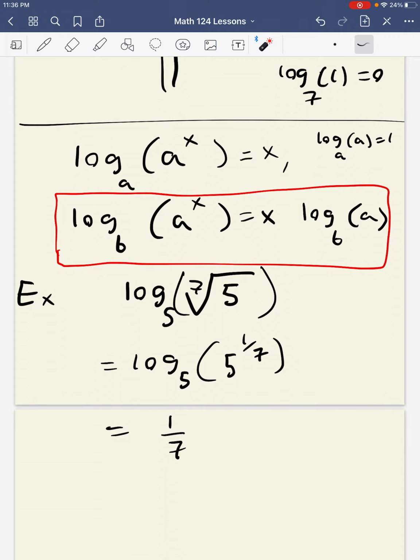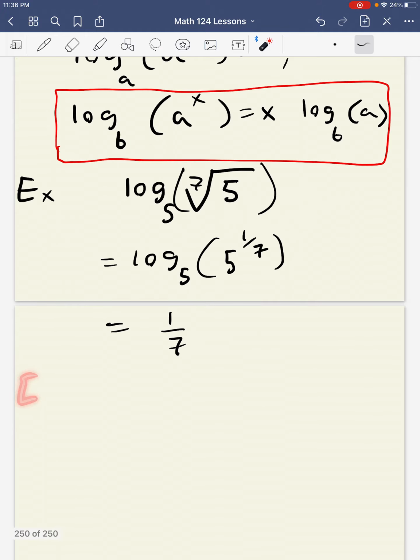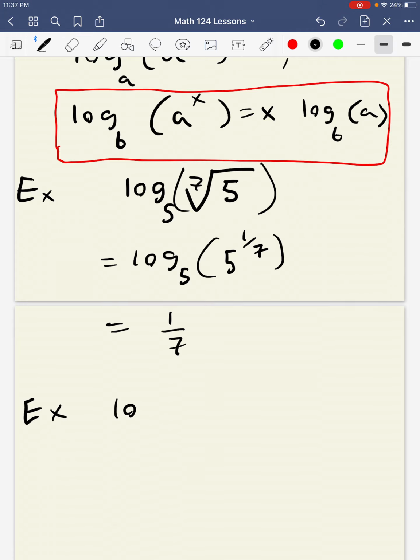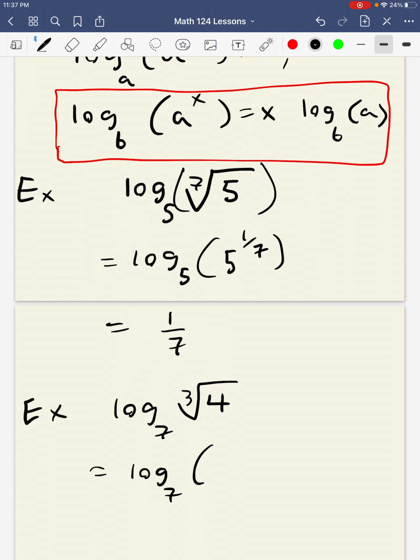Okay, so we could look at a more difficult example now. Let's use different bases here. Let's look at log base 7 of the 3rd root of 4. Well, that's log base 7 of 4 to the 1/3.